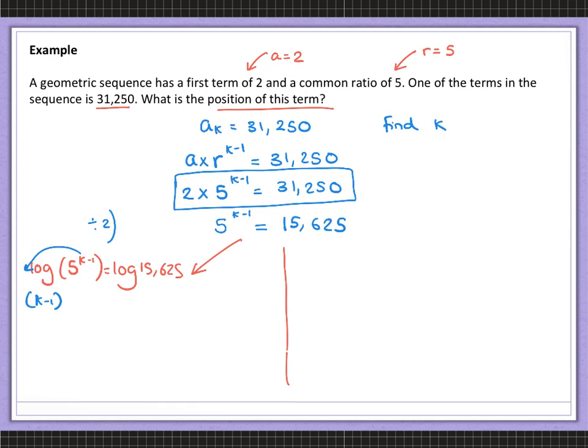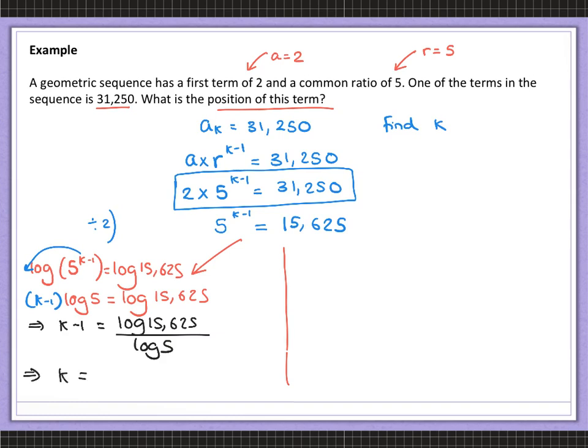So k minus 1 multiplied by log 5 equals log of 15,625. We then, of course, need to divide by log 5, which will give us k minus 1 equals log 15,625 over log 5, and then simply add 1 to find our value of k. And from here, we can work out that k is equal to 7.